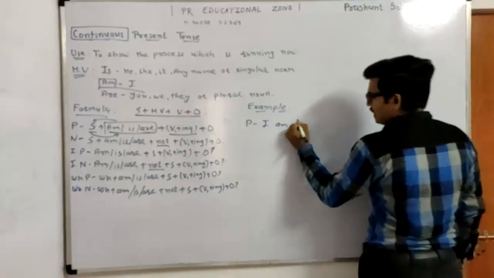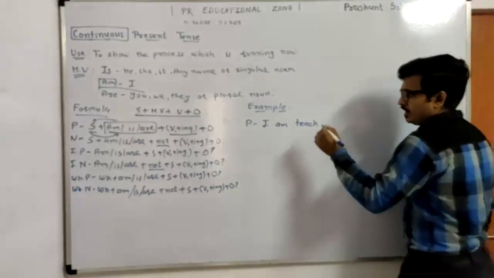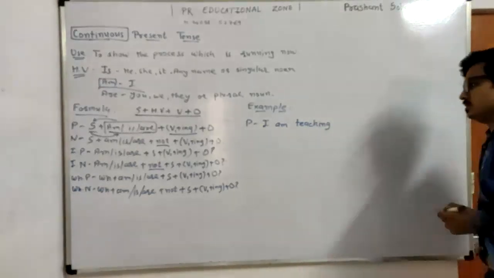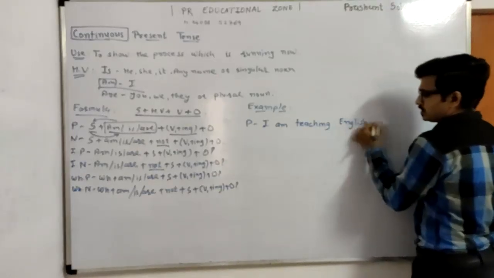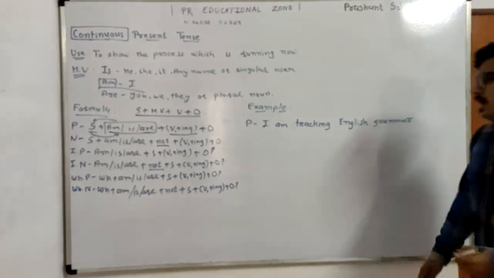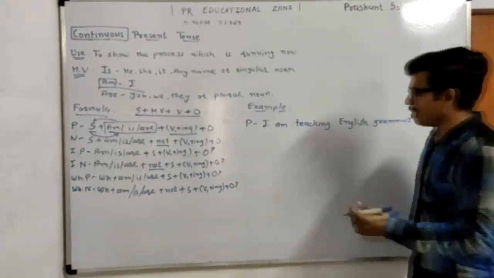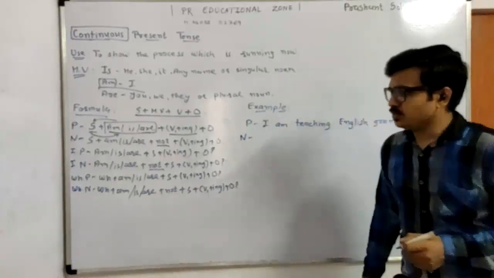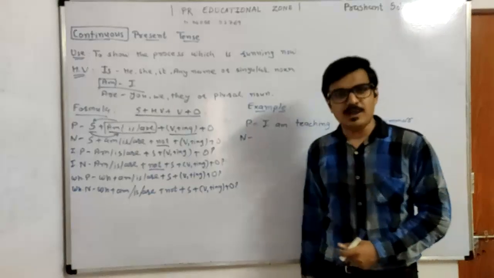So I am, and here I am taking teach as the verb, and the ing form of the verb is teaching, and we are taking English grammar. I am teaching English grammar. I am taking this example, and to make it negative, we will put a not after the helping verb, right?